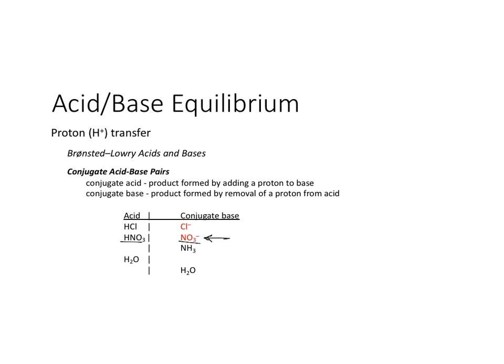Now let's play this game backwards. If this is the base, what is going to be its conjugate acid? Remember that the base is going to have one fewer proton than its conjugate acid.